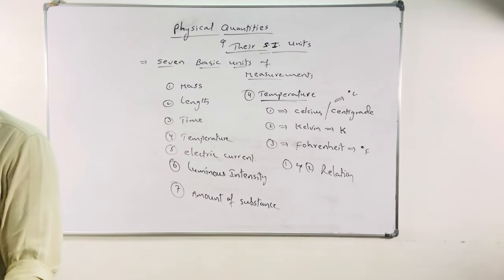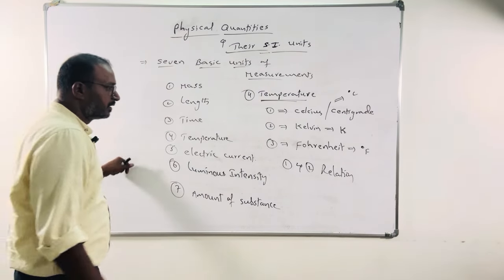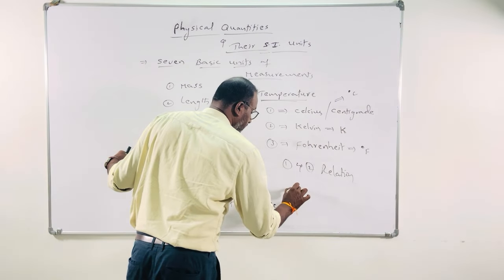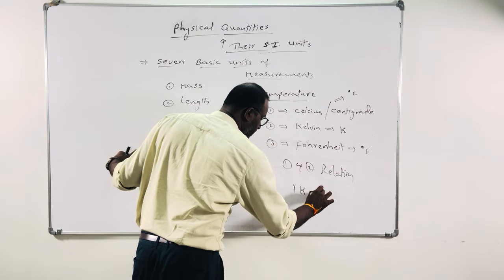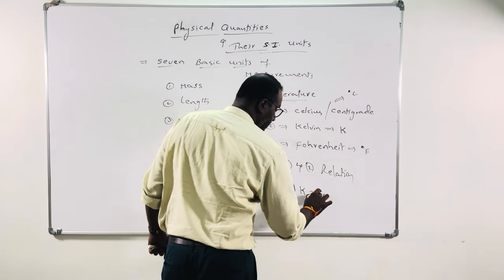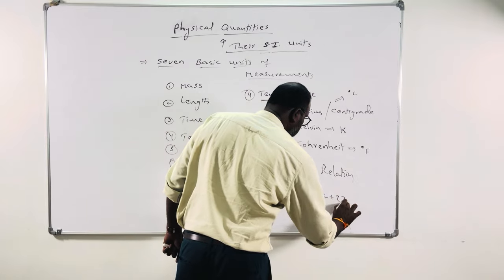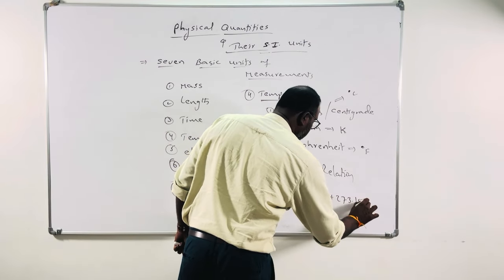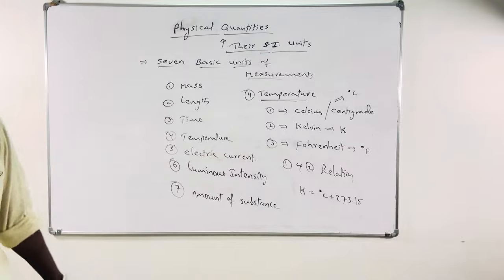If you take Celsius or centigrade and Kelvin, Kelvin equals degree centigrade plus 273.15. You have to add 273.15.